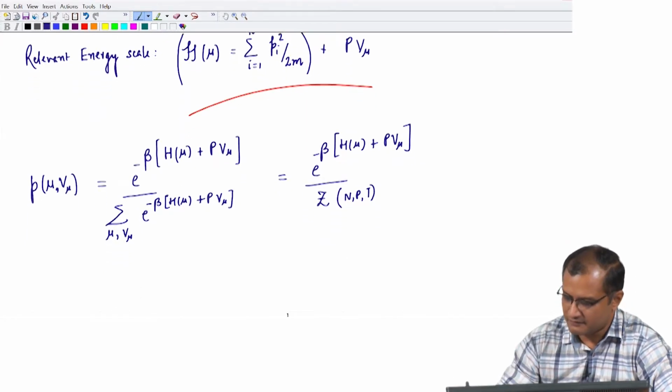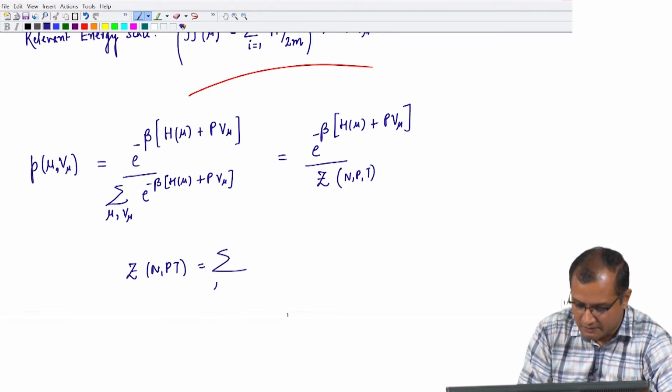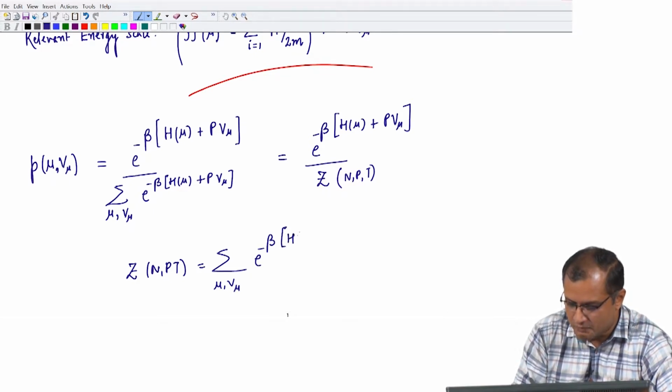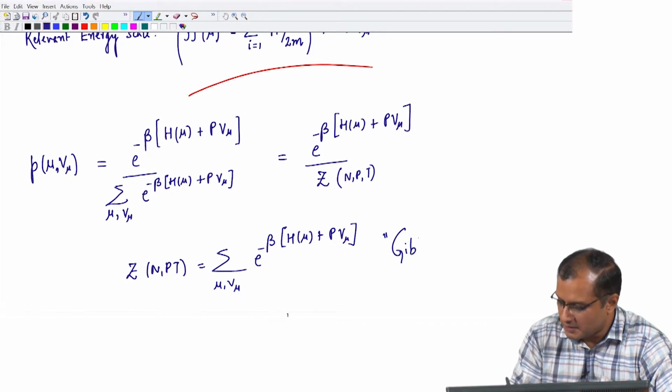So, you can write down your Z of N, P, T, which is nothing but the summation over all microstates of e raised to minus beta times H mu plus P of V mu, as the Gibbs canonical partition function.